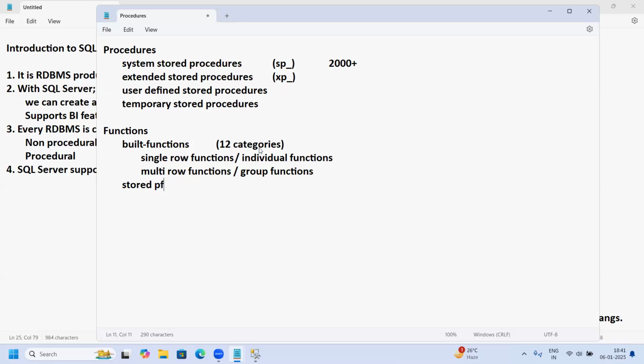Then they call stored functions: scalar valued functions and table valued functions, and inline functions. This is the functions topic that I take up in my development classes, and you should have knowledge of that.